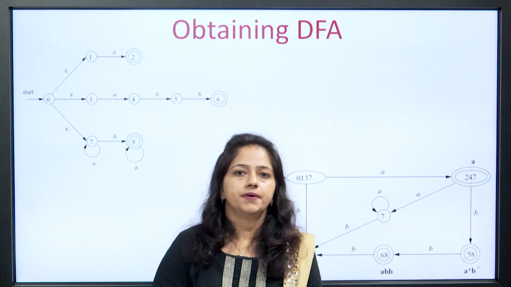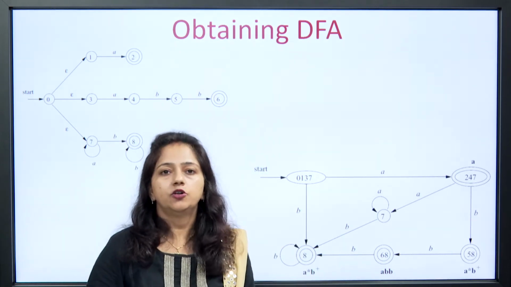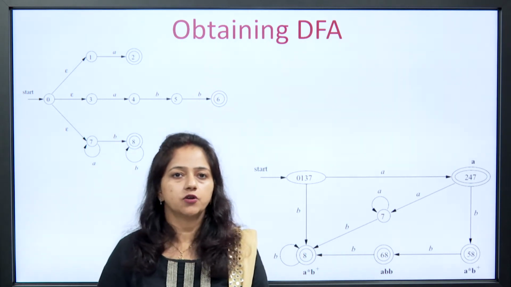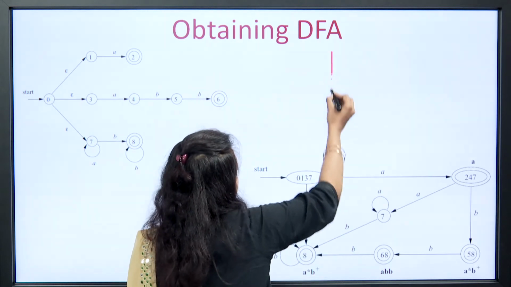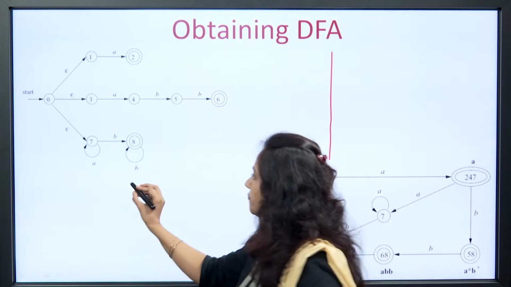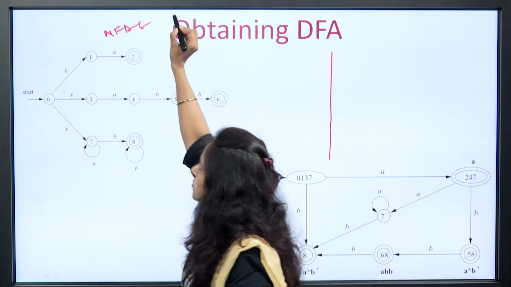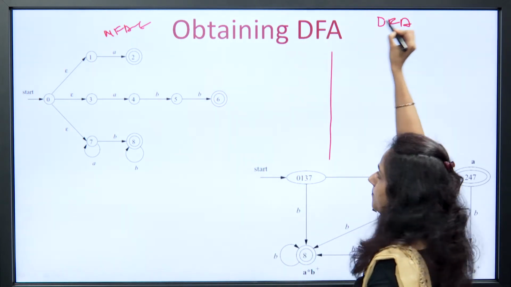Now, the fourth step is to get the transition table. Actually, if you are using a lexical analyzer generator tool, the tool does this task for us, but we should know how it is actually working. So, here we have an NFA with null moves. From the NFA with null moves, we will obtain the DFA.